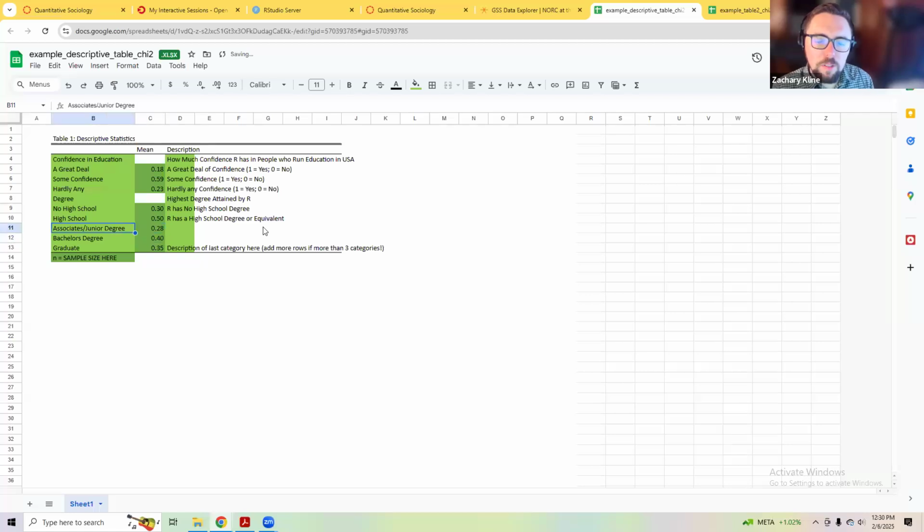So we want our variable names to be as short and substantive as possible, and we want our description to have a little more information. R has an associate's, junior college. R has a bachelor's degree. R has a graduate.